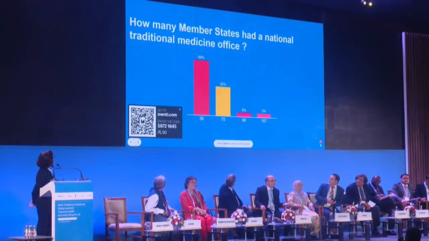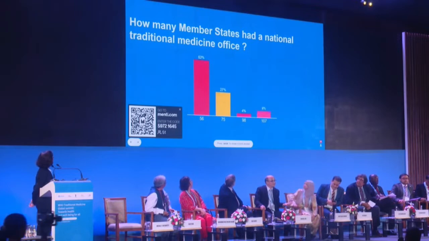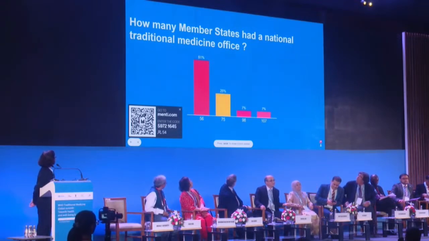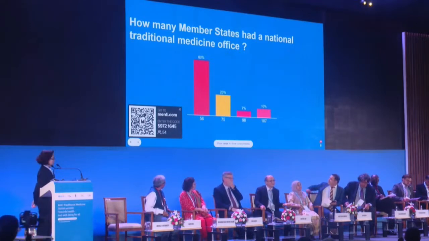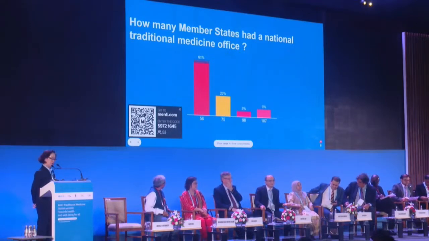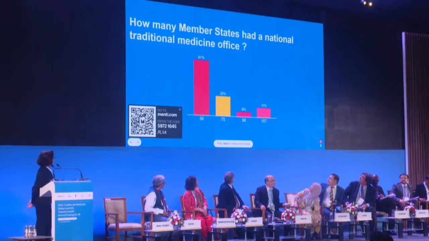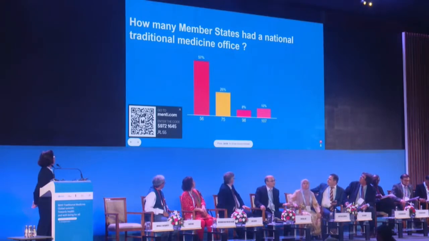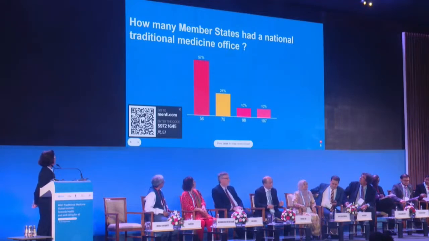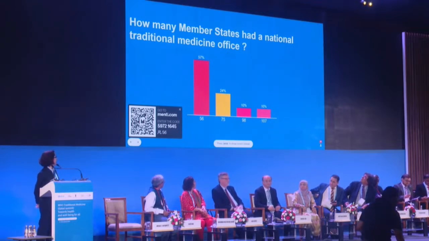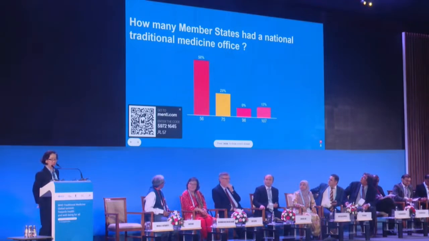Okay. The second question is, how many member states have a national traditional medicine office? The majority answered 56 member states, 61%. More on 75, 25%, and 98, 10%, and 107 is only 10%.